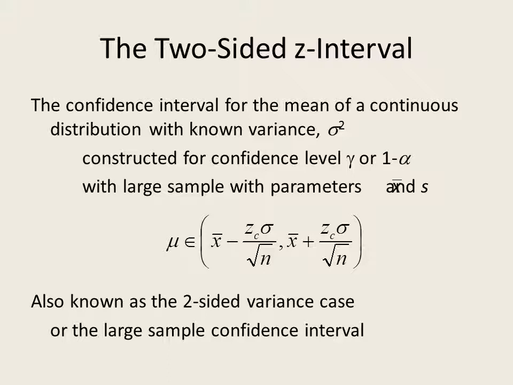So we can get this two-sided confidence interval once we know the sigma, and that is going to have to be given to us. We'll have to find the x bar of our sample, the sample mean, and the number of observations in that sample, and we can then construct the two-sided confidence interval.